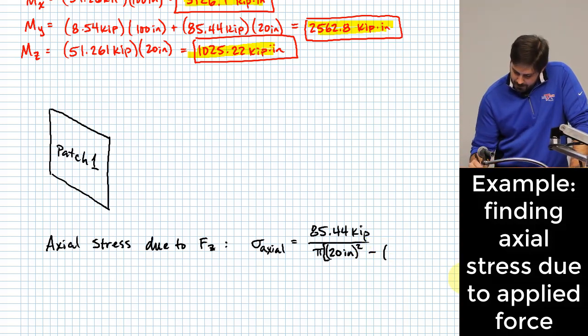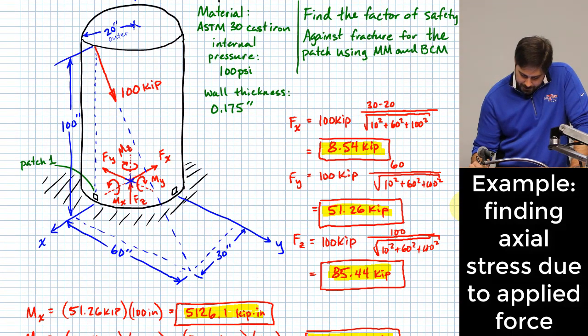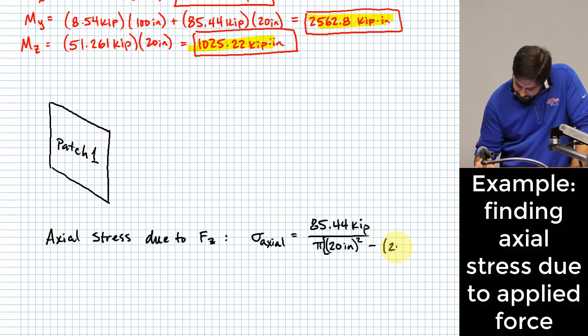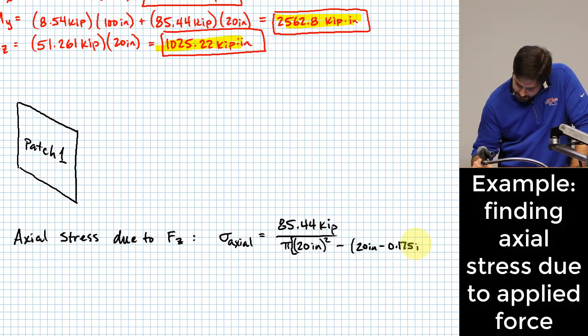Okay. Yeah, I have a wall thickness that is given of 0.175 inch. Right, so I have to take 20 inches minus 0.175 inch.